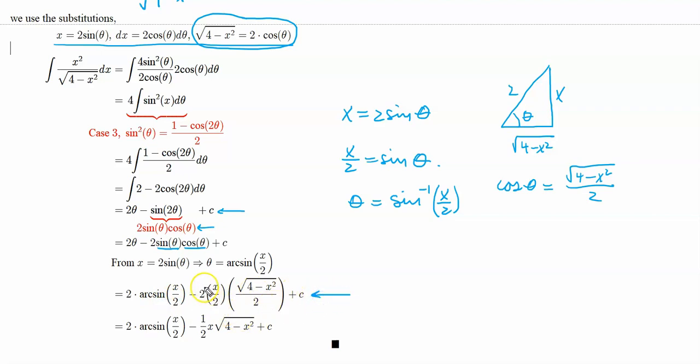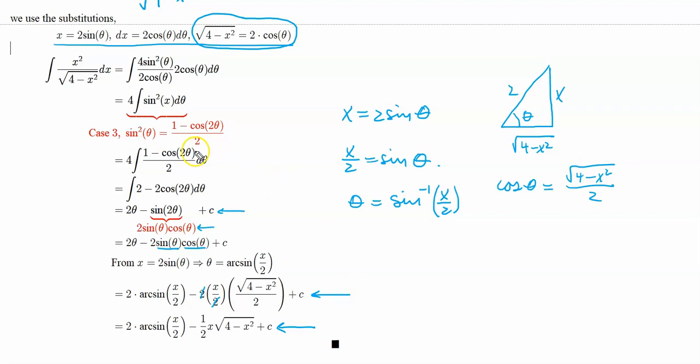Notice that those 2's right there cancel. And we get 2 arc cosine x over 2 minus 1/2. That 2 right there comes from this 2. x times the square root of 4 minus x squared plus c, and there is your answer. Okay, so there you have it. That is an example of case 2.